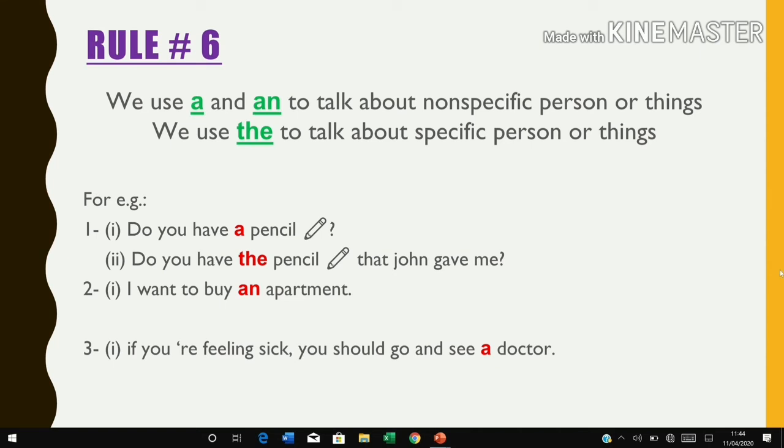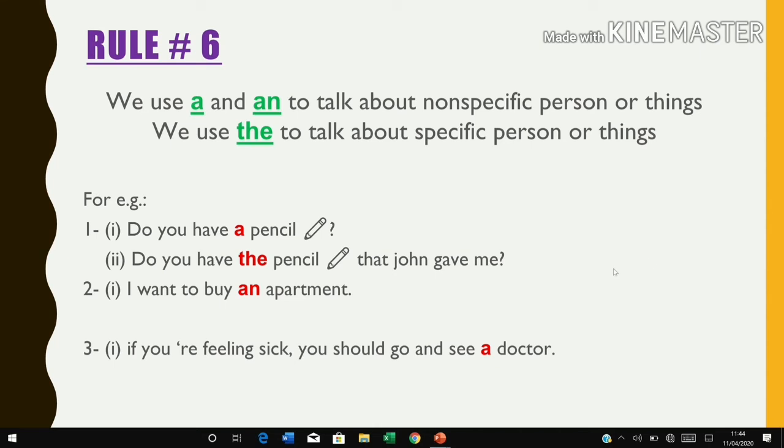In the same way, "I want to buy an apartment." That means I want to buy any apartment. I haven't started looking, I haven't decided which apartment to buy. So it means any apartment.